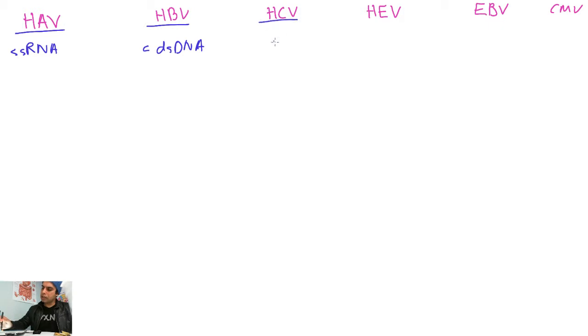Hepatitis C is a single-stranded RNA virus. Hepatitis E is a single-stranded RNA virus. Epstein-Barr virus is a double-stranded DNA virus. Cytomegalovirus is double-stranded DNA, but these are linear. I'll put L for linear.